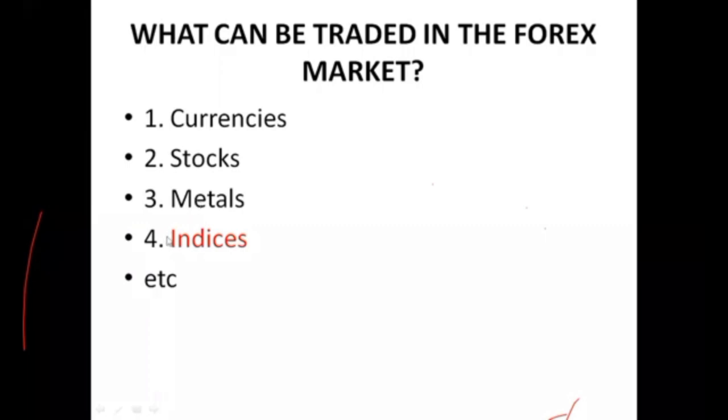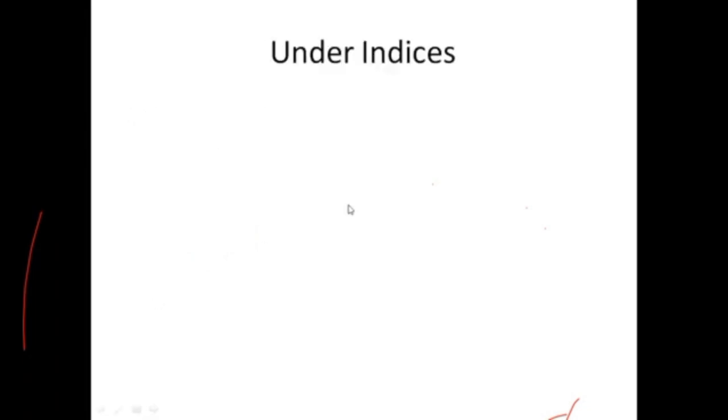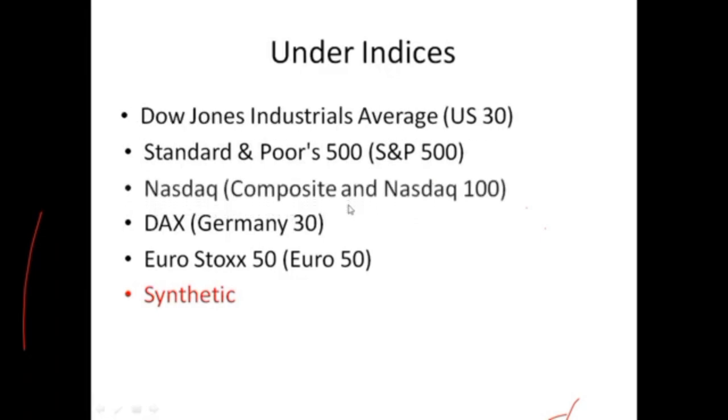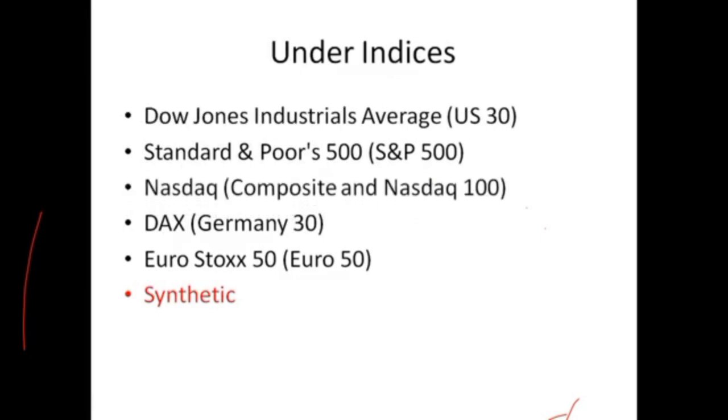Now you might be wondering, why did I color this one red? I colored it red because that is the instrument that we're actually going to be focusing on during this 5 days trading. So let's proceed further. Under indices, we have the Dow Jones Industrial Average, which is known as the US 30. We have the Standard and Poor's, known as SP 500.